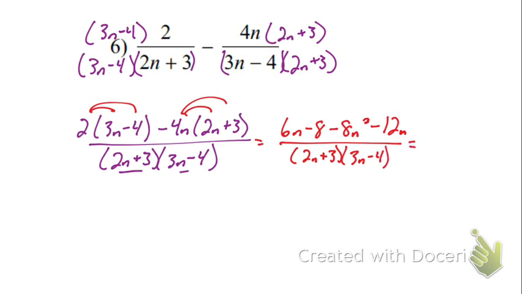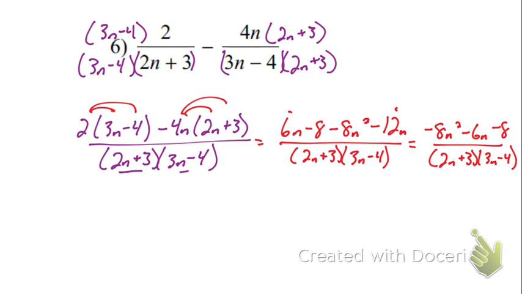So up top, I can see I can do something up there, but I'm going to wait. I'm going to have negative 8n squared in descending order, standard form, if you will, minus 6n because of these two, and then minus 8. That's all over 2n plus 3, 3n minus 4.